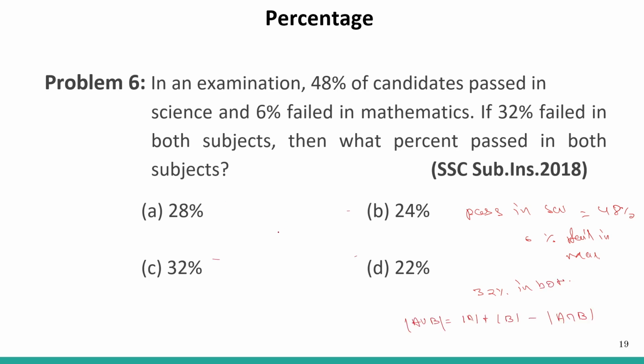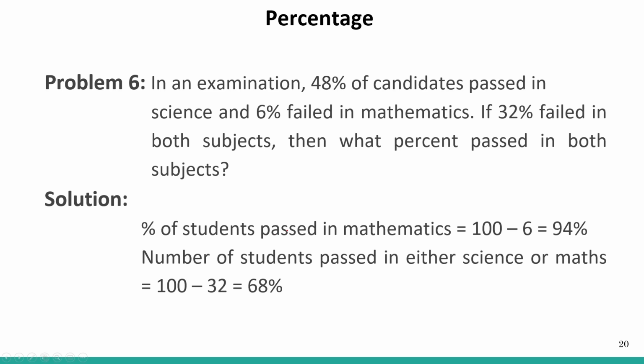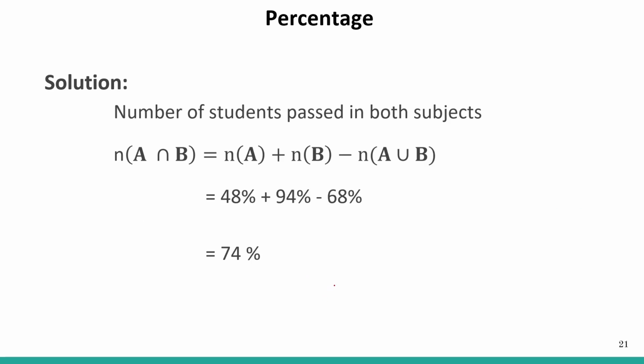So percentage of students passed in mathematics is equal to 94%, right? So number of students passed in either science or maths is equal to 68%. So students passed in mathematics are 94% and students passed in either science or math are 68%. So number of students passed in both subjects is cardinality of A intersection B, which is equal to cardinality of A plus cardinality of B minus cardinality of A union B. We have used this formula.